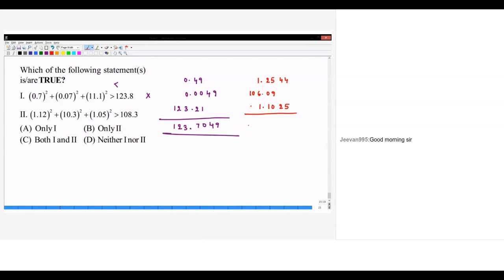So we know here it will be 108.4 something. So we can definitely say it is greater than 108.3. It is true.